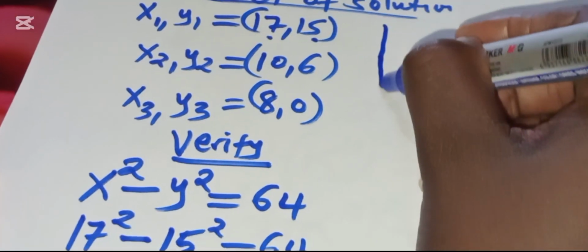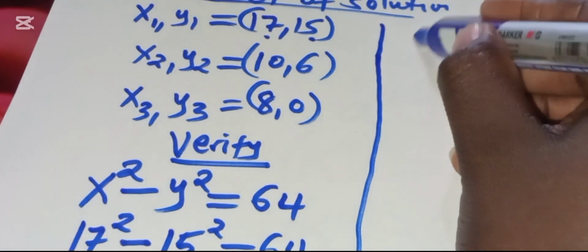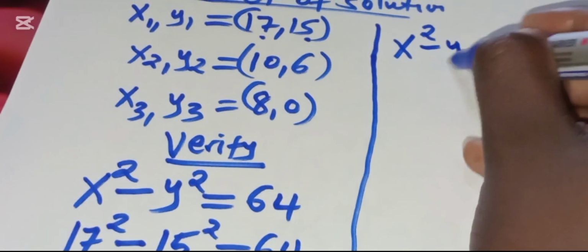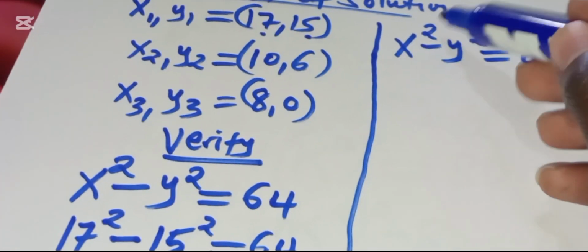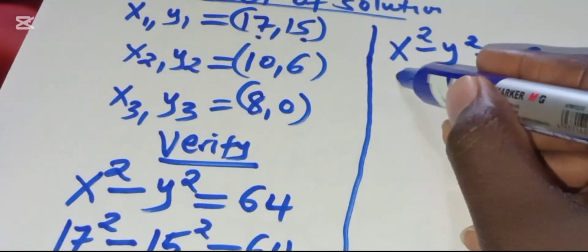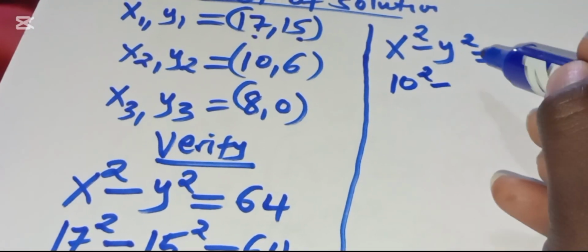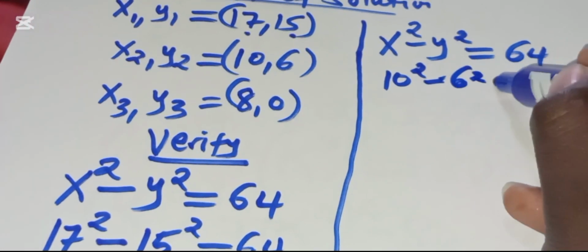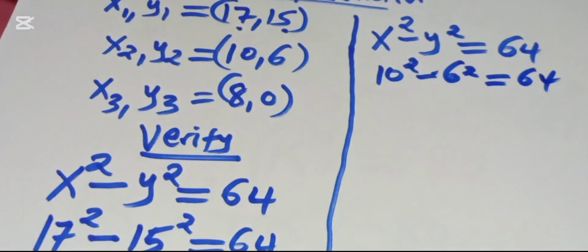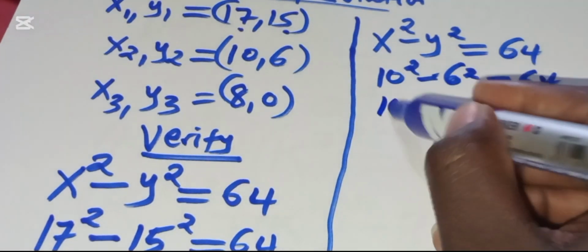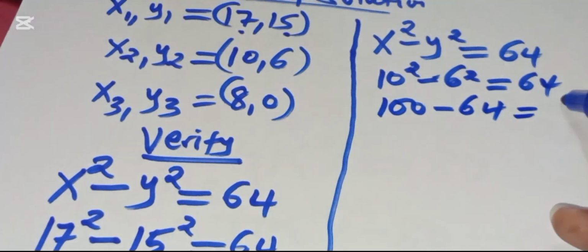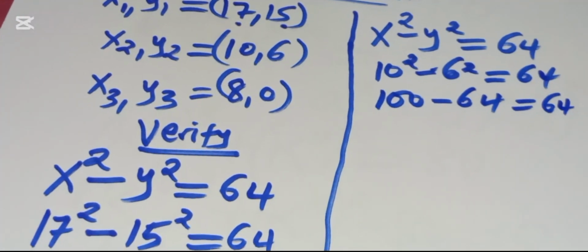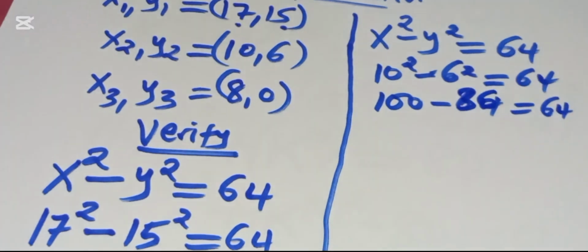So the first set of solutions satisfies the equation. Let's see the second set of solution. Given the equation that x squared subtract y squared is supposed to give us a value of 64, let's substitute the value of x, which is 10. So we'll have 10 squared subtract 6 squared.